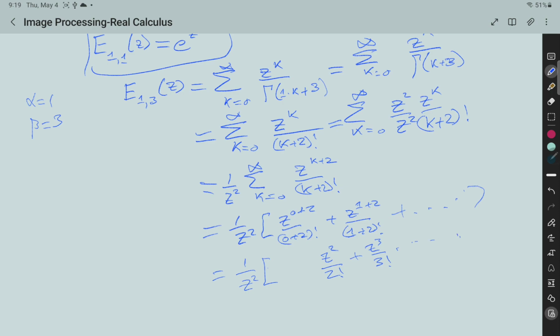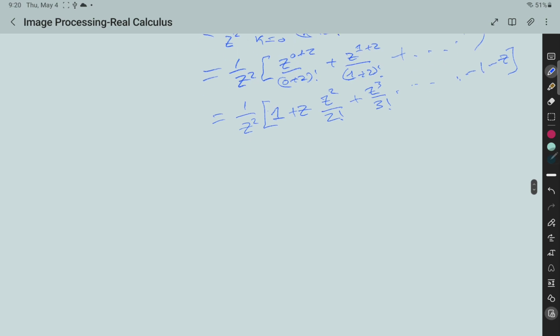So remember, if we want to complete this, going from the 0 power of z to the n power, you're going to need to add 1. Okay, you're going to add 1 here. And then you're going to add the linear term, so plus z. So that means over here you have to subtract 1 and then subtract z in this series. Okay. So you see this part right here is 1 plus z plus z squared over 2 factorial plus z cubed over 3 factorial.